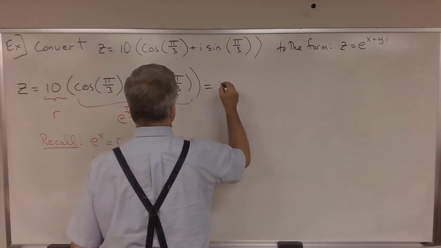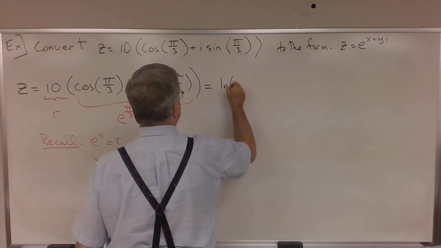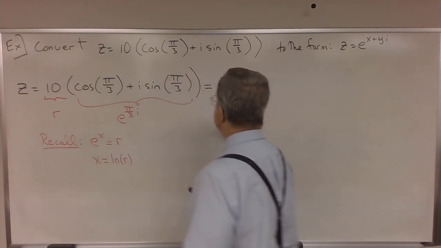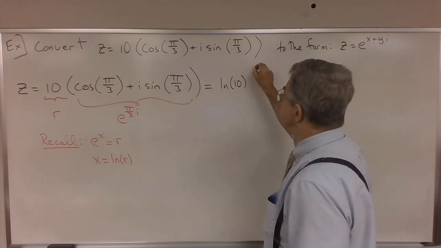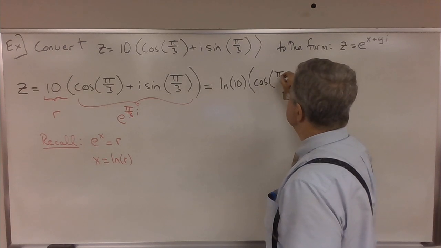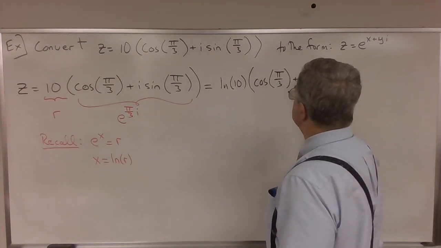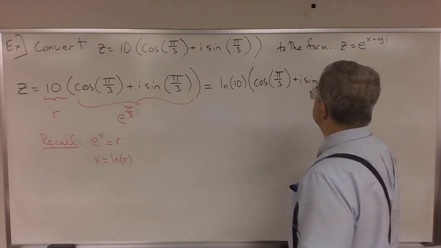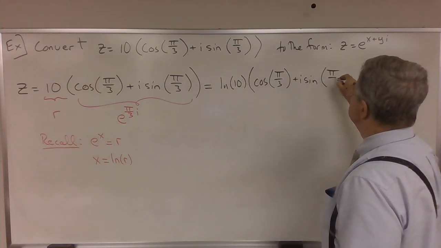So we have natural log of 10. That's our r. Cosine pi over 3 plus I sine pi over 3.